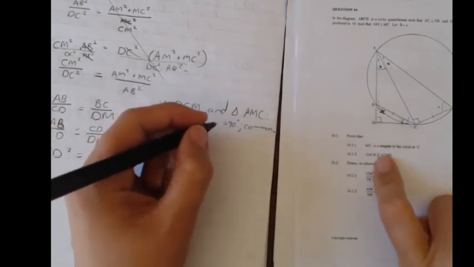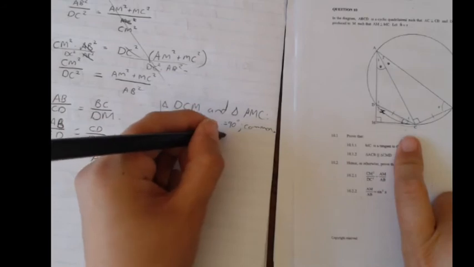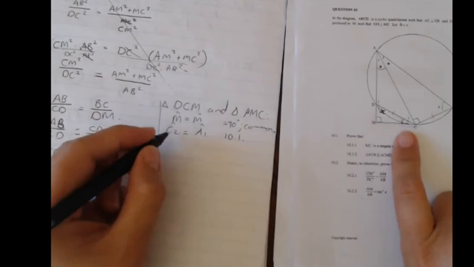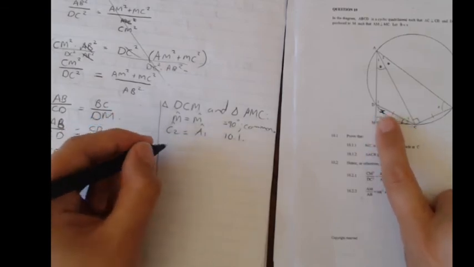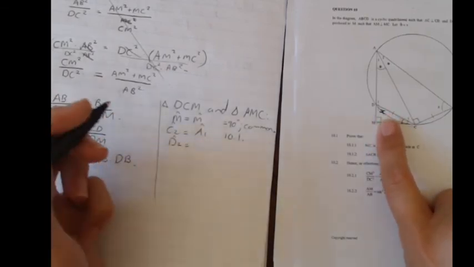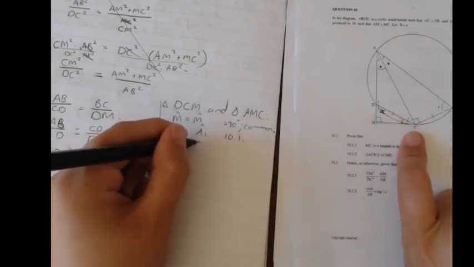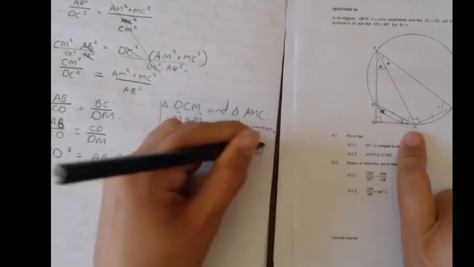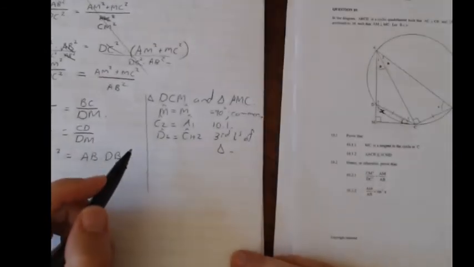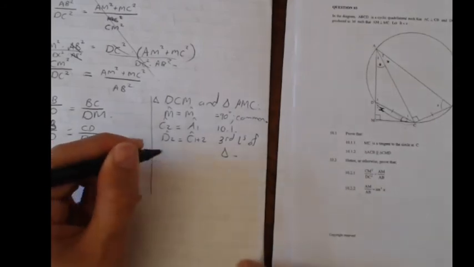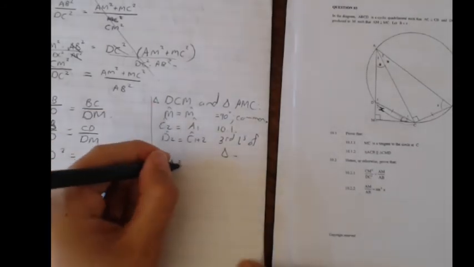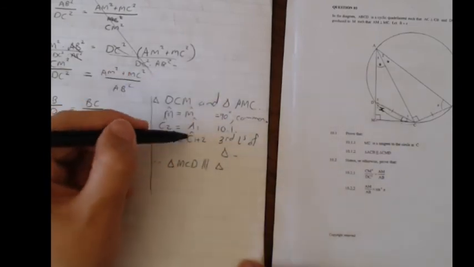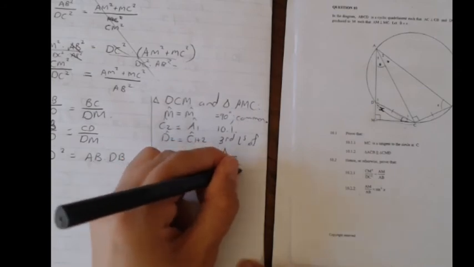I've shown that in 10.1.1, 10.1.1 or 2, I'm not sure now. And then C2, D2 is the last angle there. D2, which is x, will be equal to C1 and 2 by default because it's the third angles of the triangle. Then I have that triangle MCD is similar to triangle MAC.